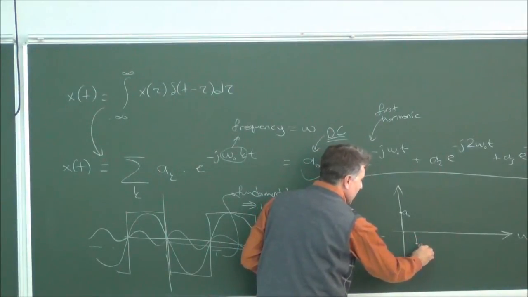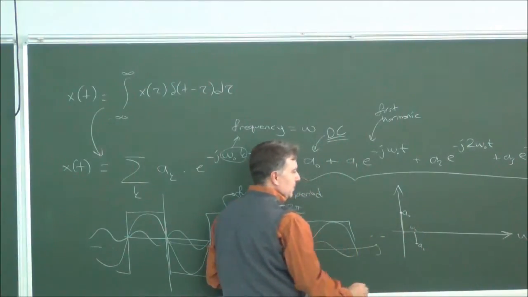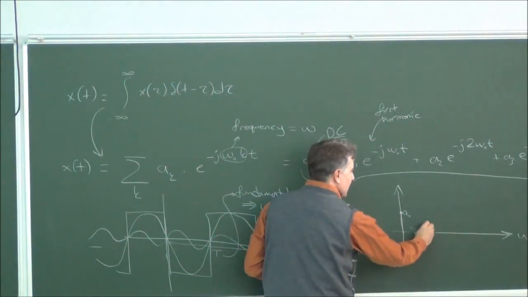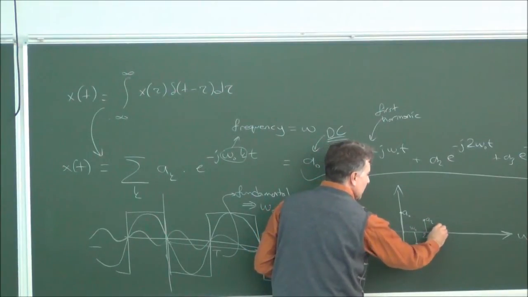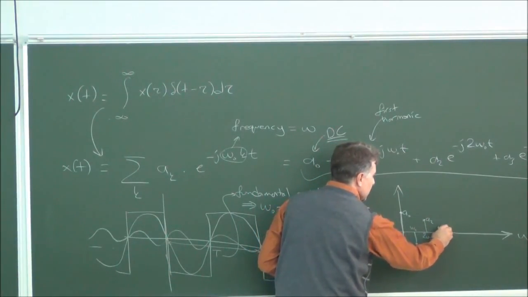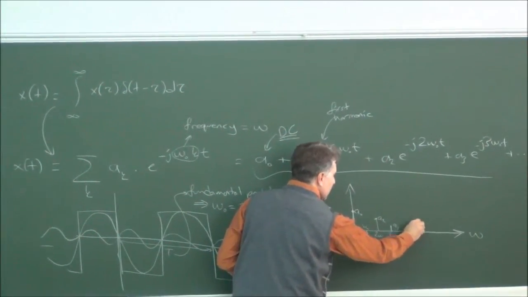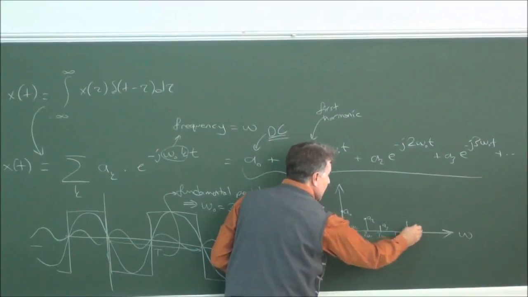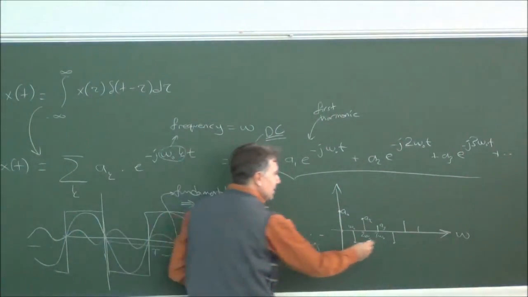This is A1 at omega 0. A2 at 2 omega 0. A3 at 3 omega 0, etc. It goes on like this. It may finish at some point, by the way. Let's assume so.